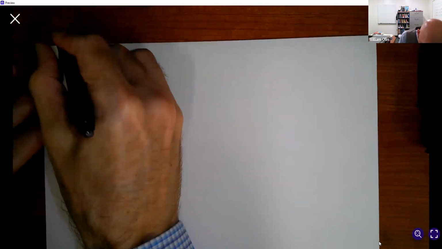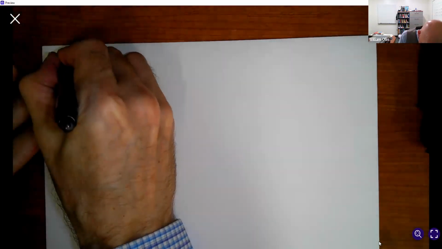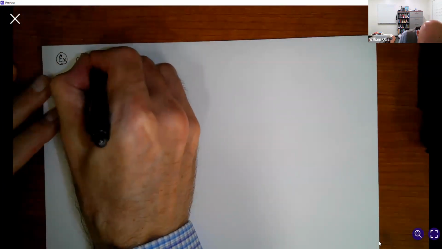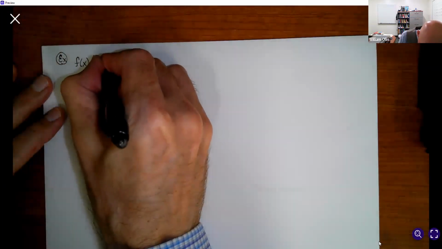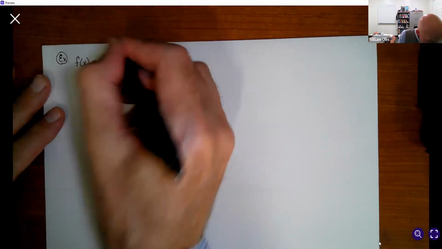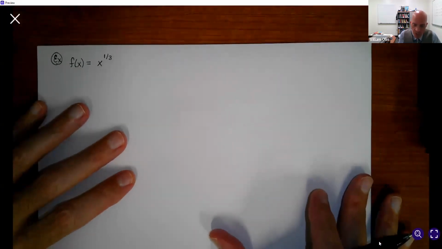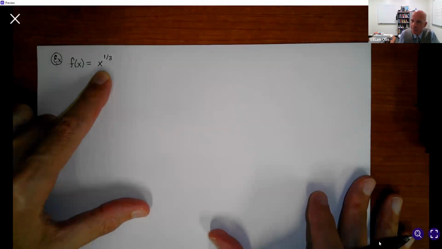So here's an example. And I've actually written this up, and I'll share this with you, but I just want to get the preliminaries down. So again, this is a power function.